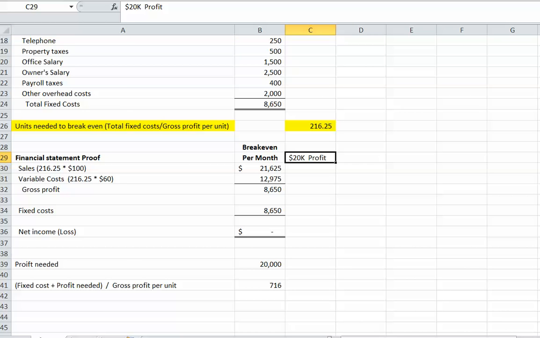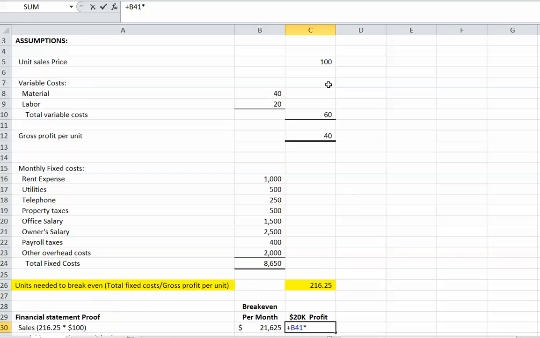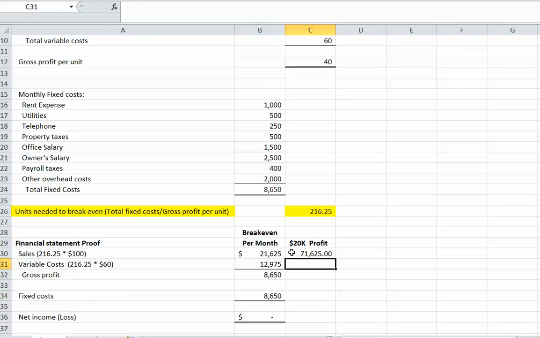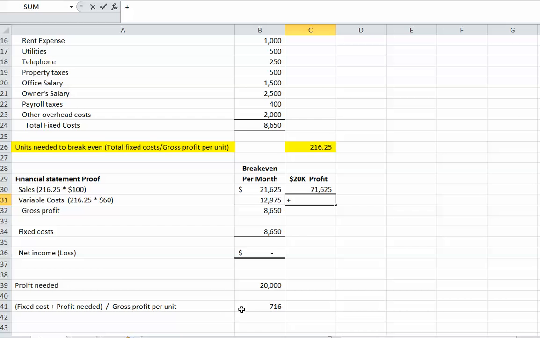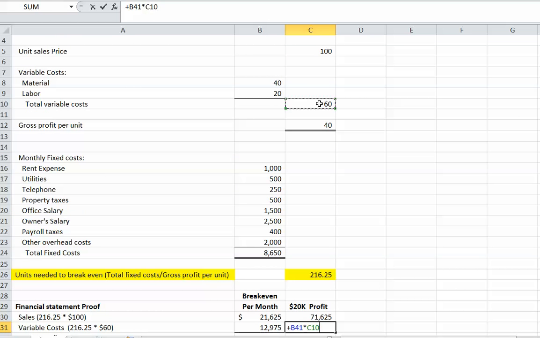Now, what I need to do is sell 716 units. And what we're doing is we're just proving this actually works. So let's take the 716 units times my $100 sales price. And let's take these and move them over a little bit. All right. Let's take my 716 units times my variable cost.